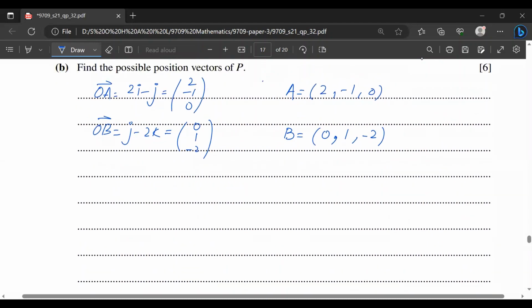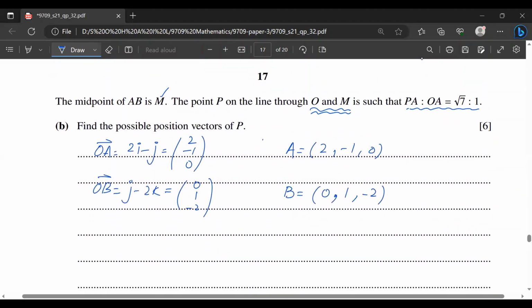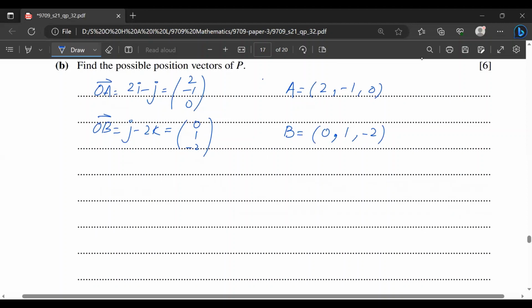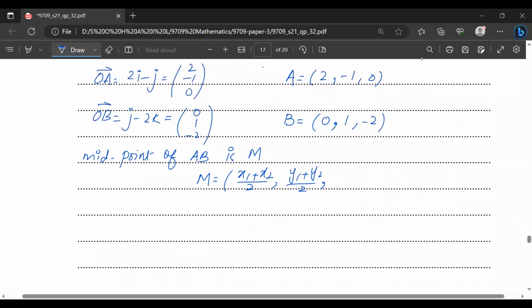Next, as these are the two points and the midpoint of AB is M, simply recall the formula for the midpoint. M can be obtained by using the formula x1 plus x2 over 2, the simple formula of the midpoint. What is the difference? As you're dealing with the 3D situation, also write z1 plus z2 over 2.